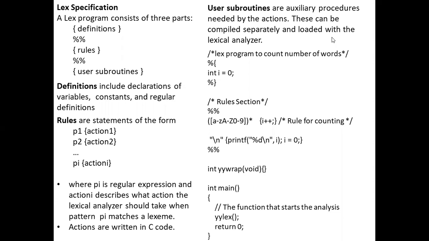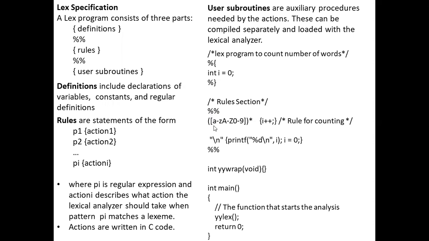So yylex is a procedure that activates the Lex parts, right? Take an example: a Lex program to count the number of words, right? We define int i = 0 inside %{ and %}. Now the double percent symbol means we define the rules.